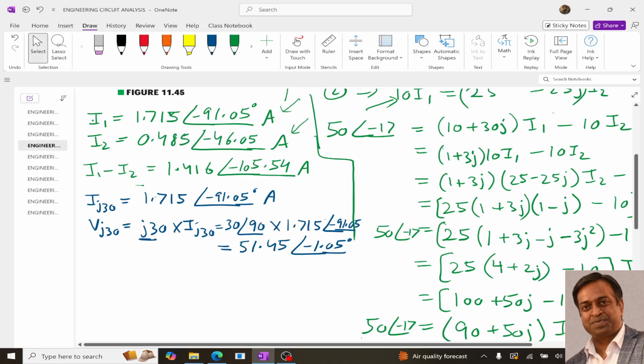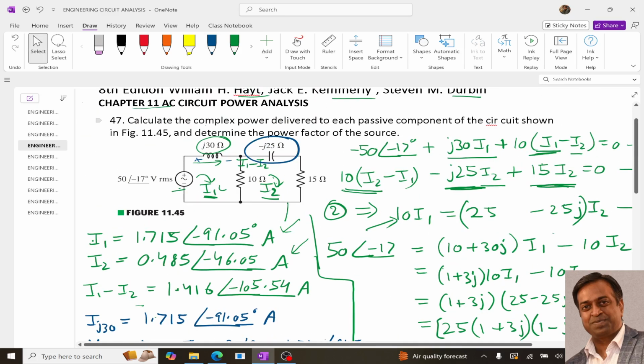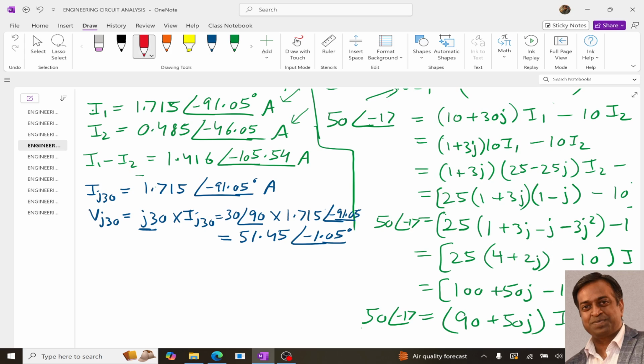Now coming to this minus j25, the current flowing through is I2, right? So I minus j25 is equal to I2, which is 0.485, angle minus 46.05 amperes. This is volt, right? Now V minus j25 will be this current into minus j25.